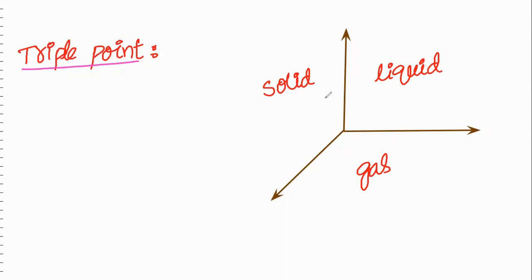Whenever we melt a solid, it becomes liquid. On increasing the temperature of the liquid, it becomes a gas. Each and every point on this line gives the coexistence of matter.